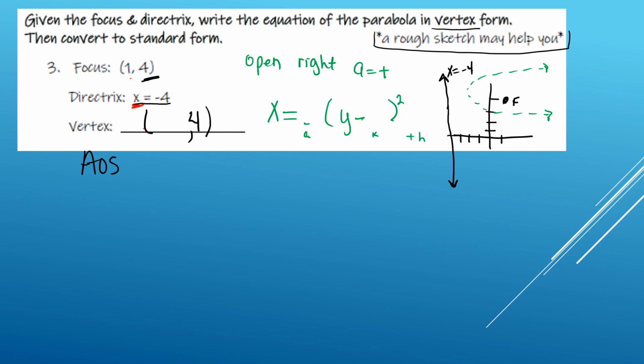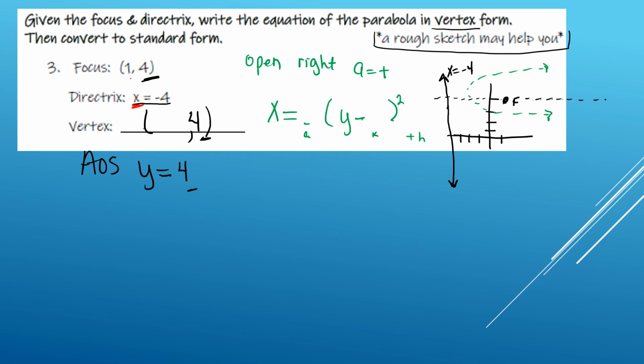So if my axis of symmetry has to go through the vertex and through the focus, then I can draw that horizontal line, y equals, through that focus at y equaling 4. So I've got all my y values from focus, vertex, and axis of symmetry remaining the same. It's the x's that are changing for this particular function.